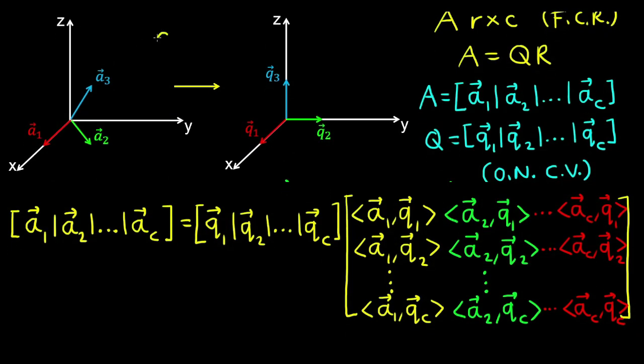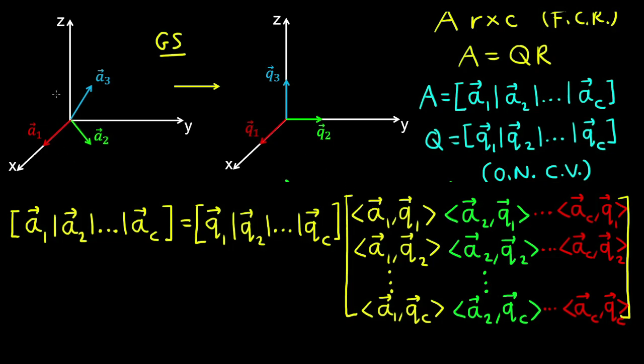And remember the Gram-Schmidt algorithm, which converts a basis into an orthonormal basis. We'd start with A1 and set Q1 to be equal to A1. Therefore A1 is not orthogonal to Q1, so this entry is non-zero.